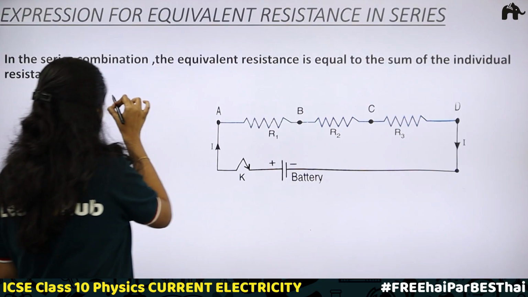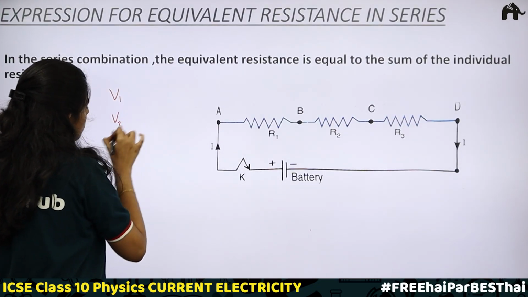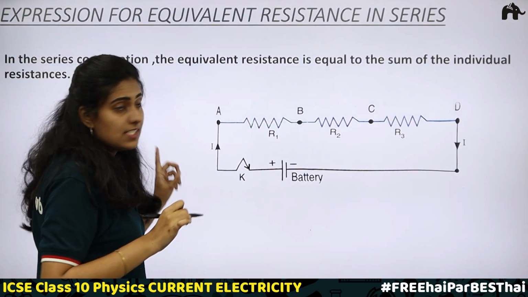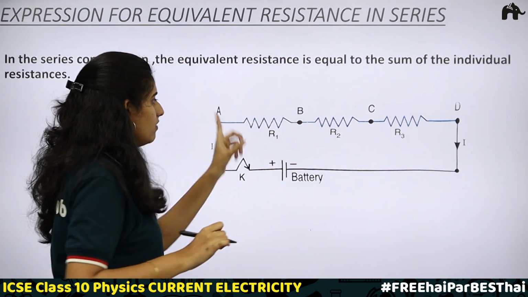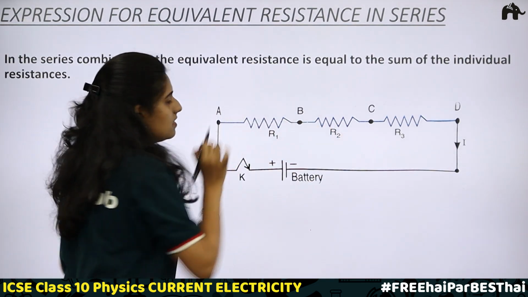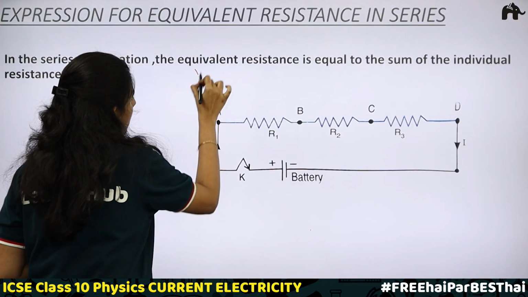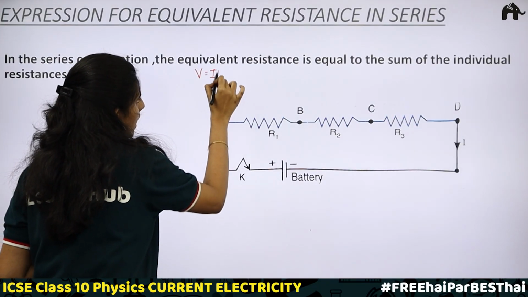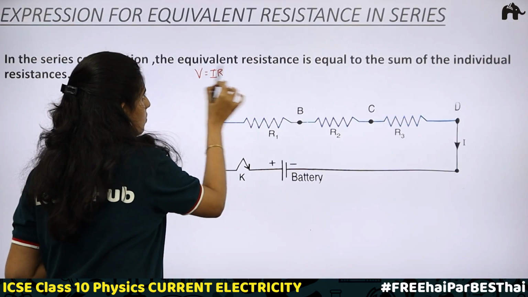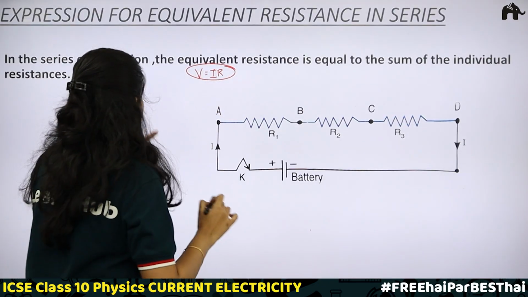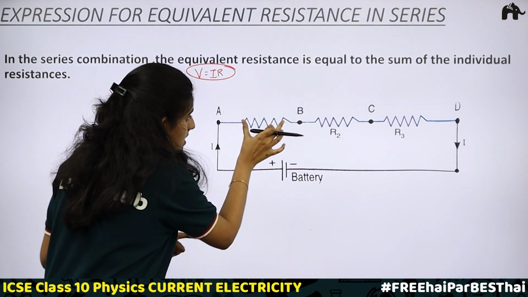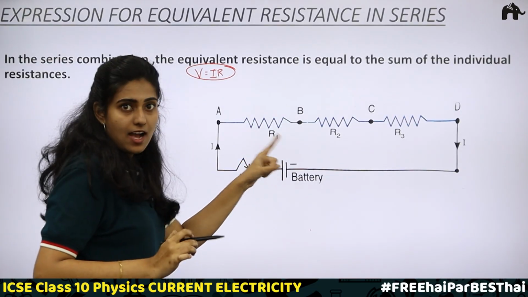We have three potential differences, V1, V2 and V3. Okay, what is V1? We have Ohm's law, according to which V is equal to IR. Then what is V1? Take this case, here we have the resistor R1.